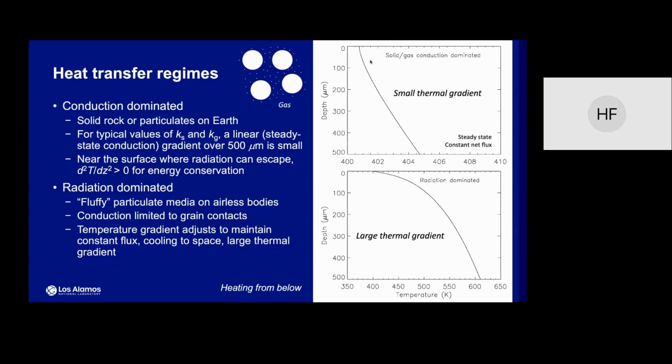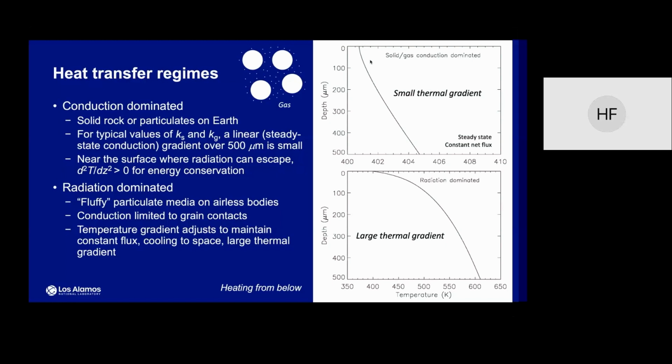This slide looks at different heat transfer regimes, both conduction dominated and radiation dominated. If you have solid rock or particulates on a planet with a significant atmosphere like Earth, conduction dominates. The figure in the top middle represents a particulate on Earth.